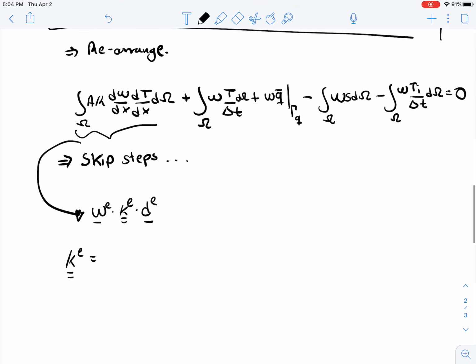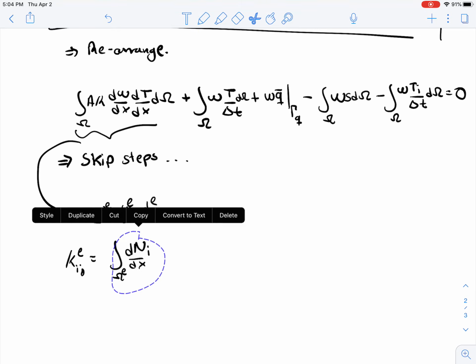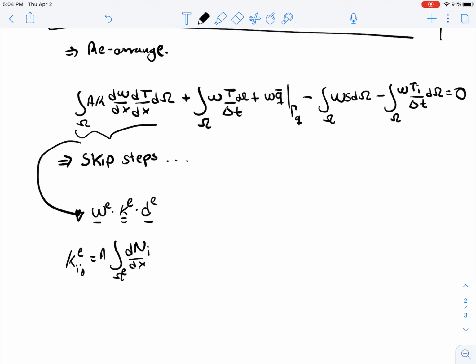The stiffness matrix is essentially the integral over the element of dN dx. So the entries ij of the stiffness matrix are the product of the derivatives of the shape functions times a_k.